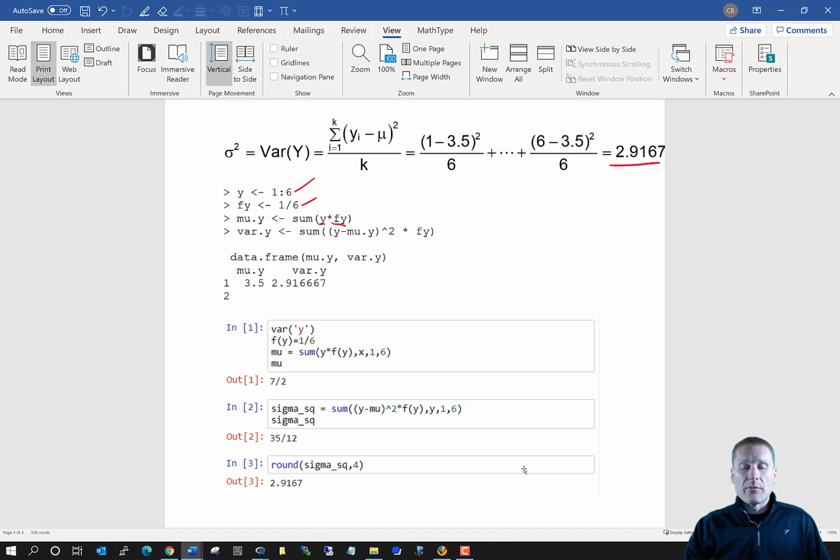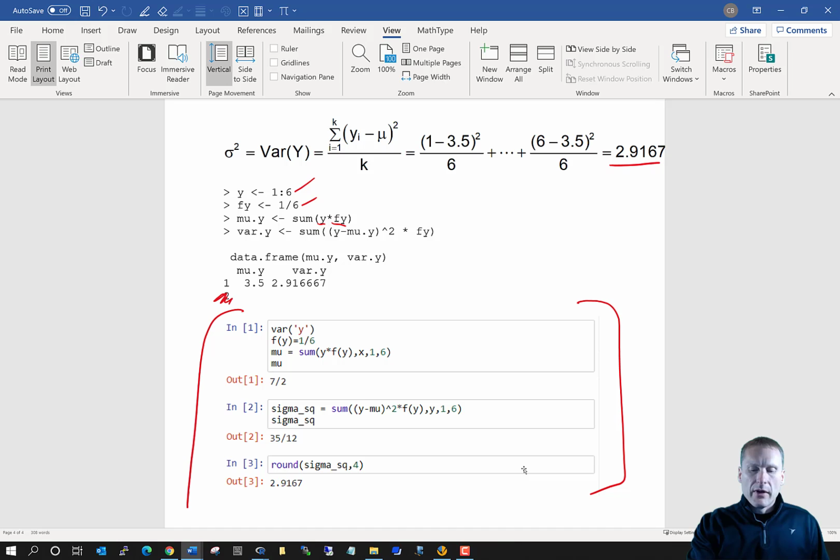That's how I get my mu. Do a similar thing again for the variance. Then in Sage, we can go ahead and do a similar process. Again, we use the sum function to do the necessary summing that we need. So with that, that's just a very brief introduction to a discrete uniform probability distribution.